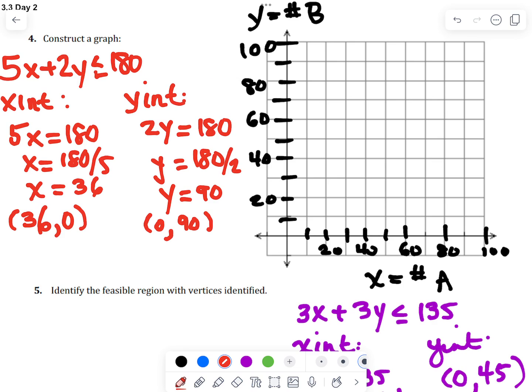Now let's go ahead and graph the ordered pairs. So I'm going to start with the red one. So I'm going to go over 36 up 0, and then over 0 up 90, creating our line. And remember that is y is less than. So we would shade less.